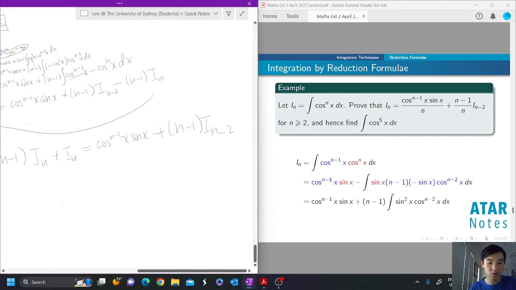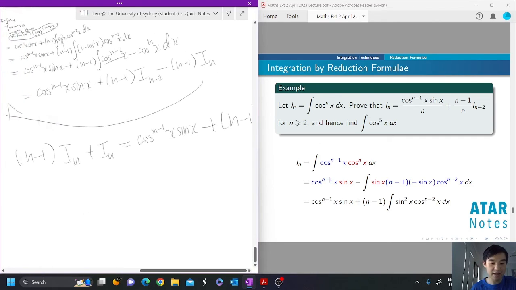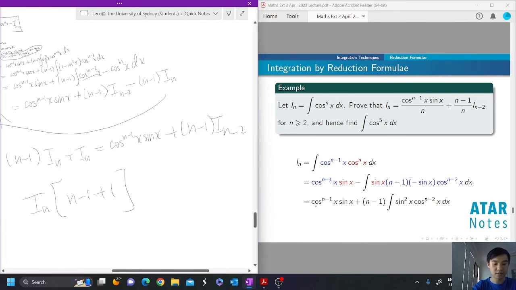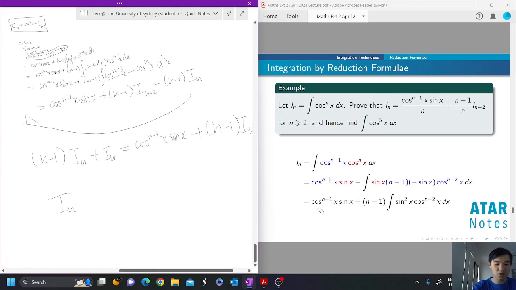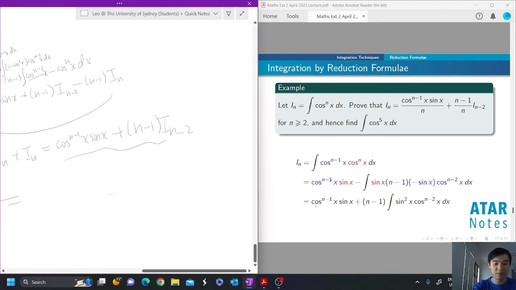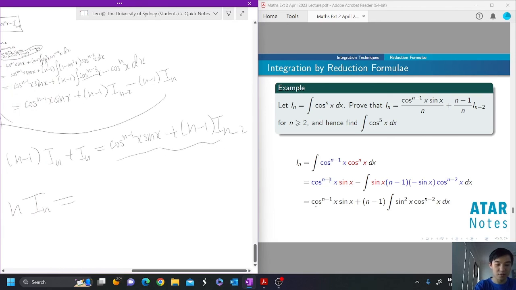So therefore, we can factorize out I_n. So this will be n-1+1, which will just be simply n. So on the left-hand side, it will be n I_n, which is equal to this entire thing, which I have here.